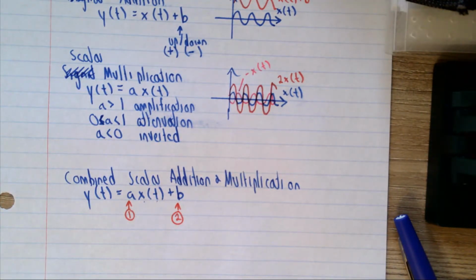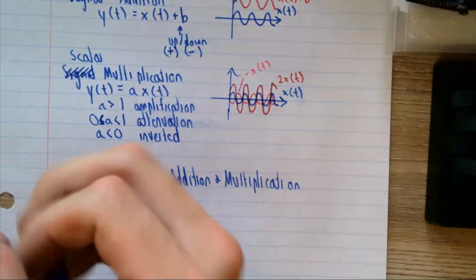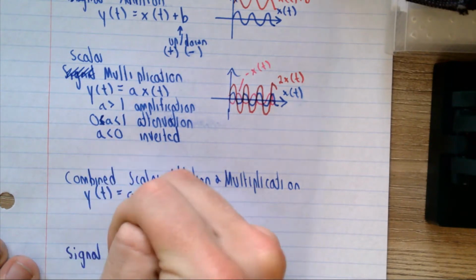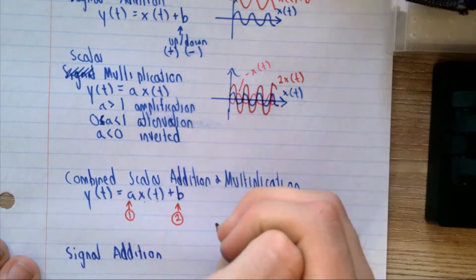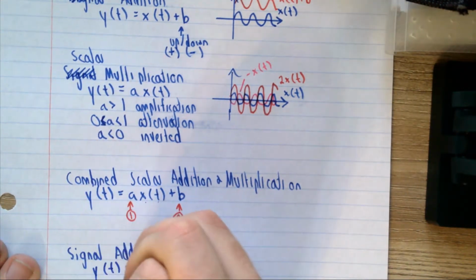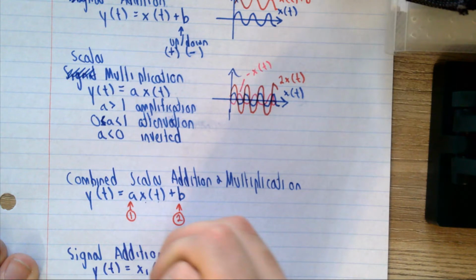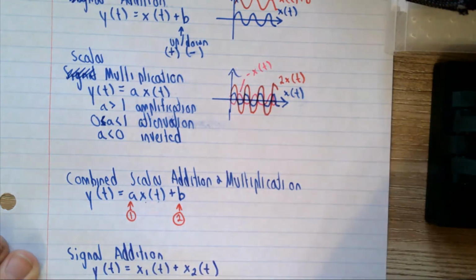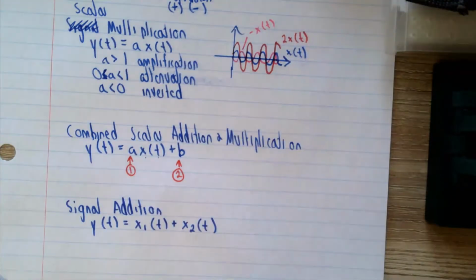And so for signal addition, you have to have more than one signal, right? So this is going to be like y of t is equal to one signal plus another. That makes sense, right? Two or more signals adding together. And then we're going to draw this out.